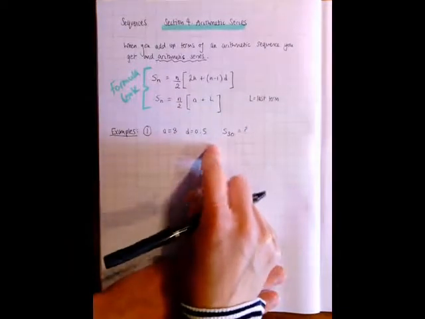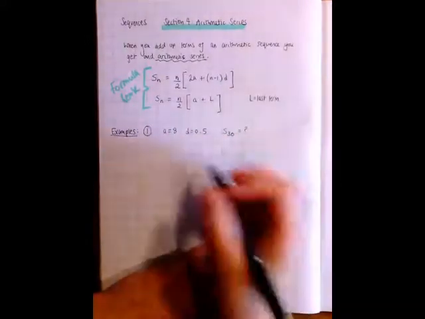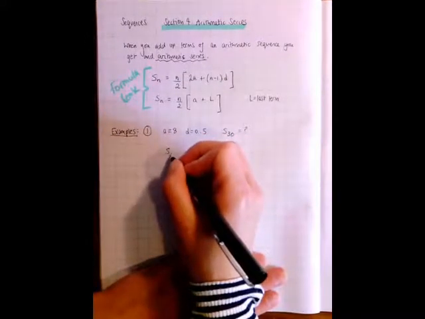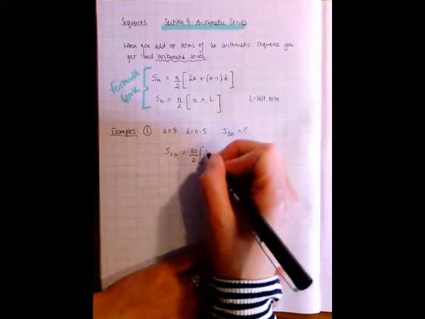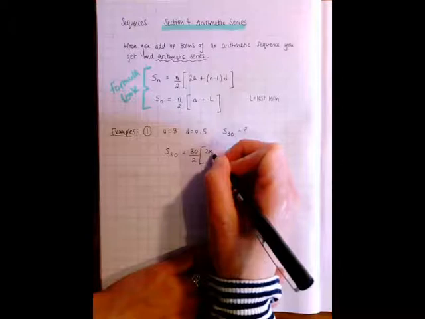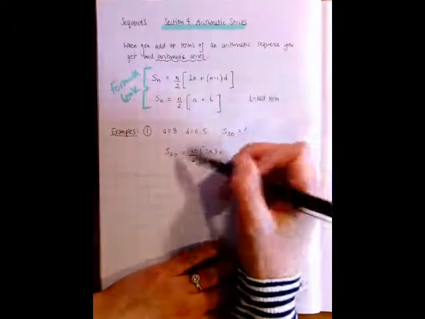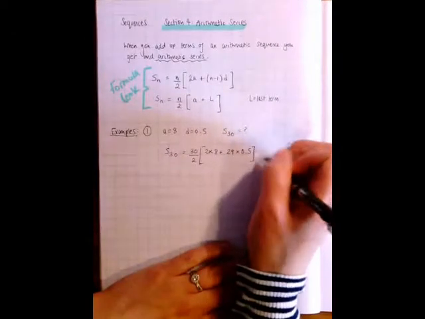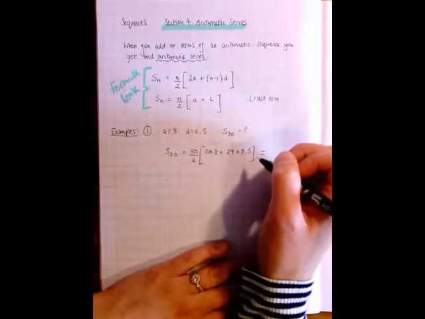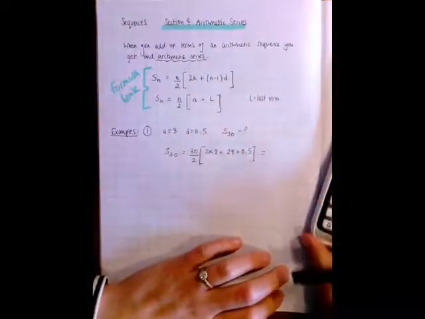Because I've got a, d and n, you can just use the top formula. So the sum of the 30 terms would be 30 divided by 2 times 2 times 8 plus, it would be n take away 1, remember, so it would be 29 times d. And you can just put that straight into your calculator to get the answer.